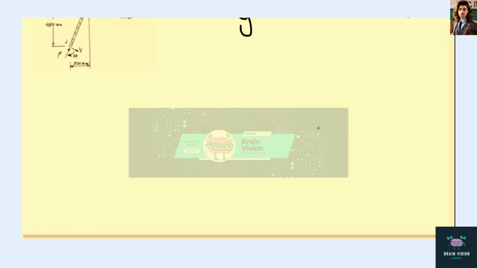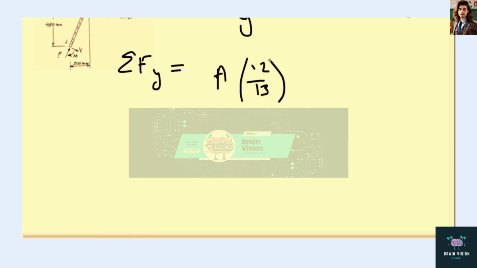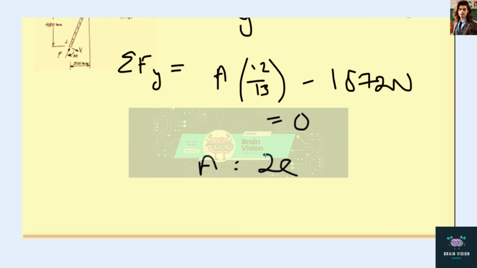Now for the force in the y direction, we're going to use our force triangle. So A times 12 over 13 minus the 1872 we just found equals 0. And so A equals 2028 newtons.